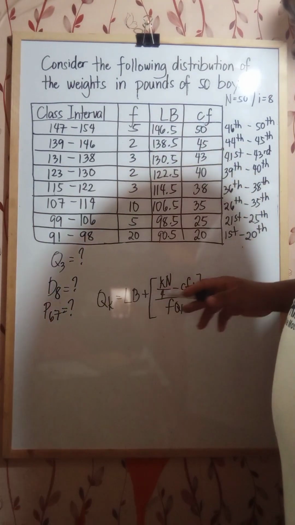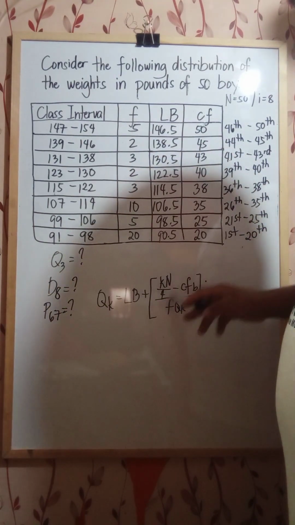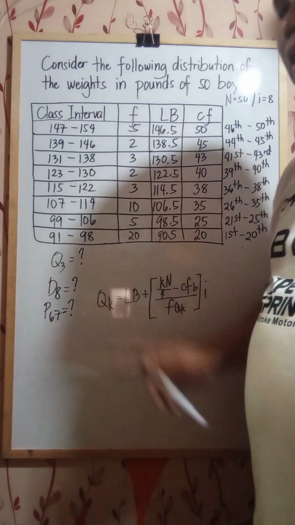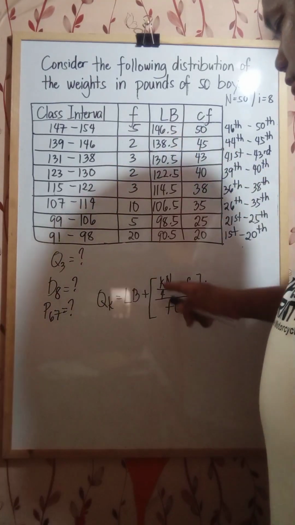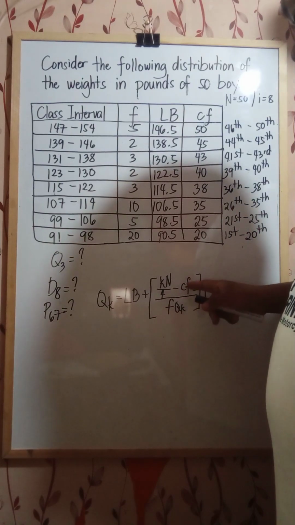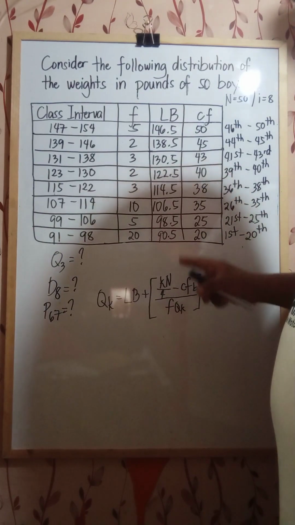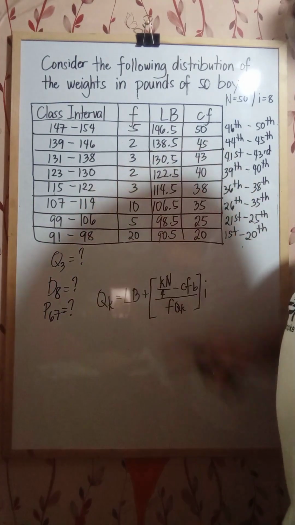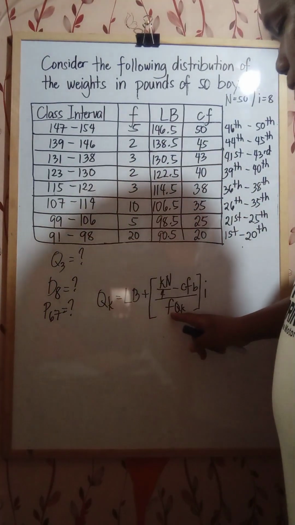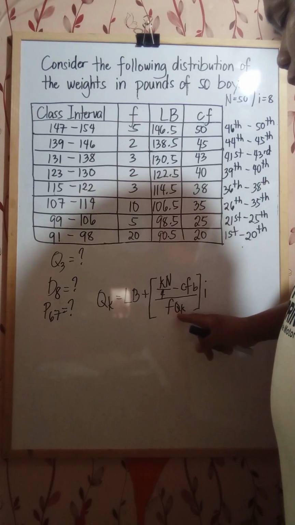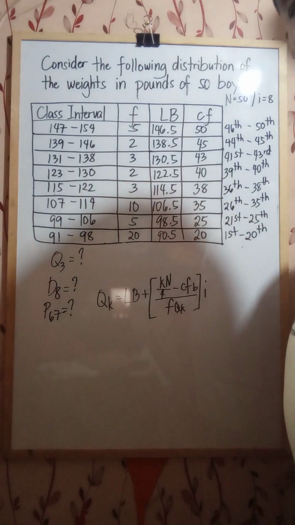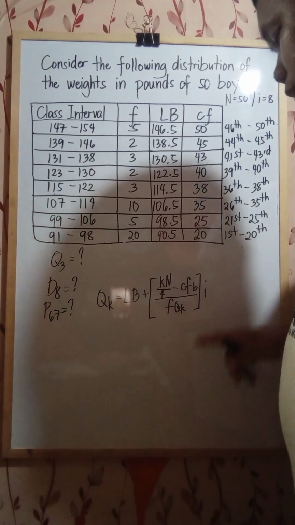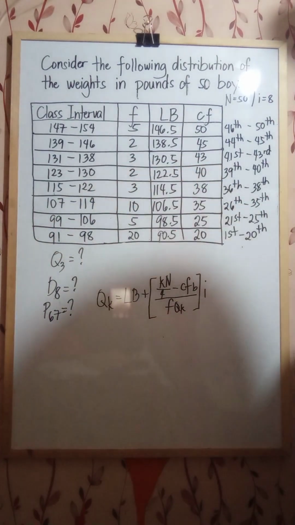Then plus, open bracket, KN over 4 determines where your Q sub 3 is located. Then minus CF sub B, the cumulative frequency before your third quartile class. Next is the F sub Q sub K, the frequency of your third quartile, times the I or the class interval size.